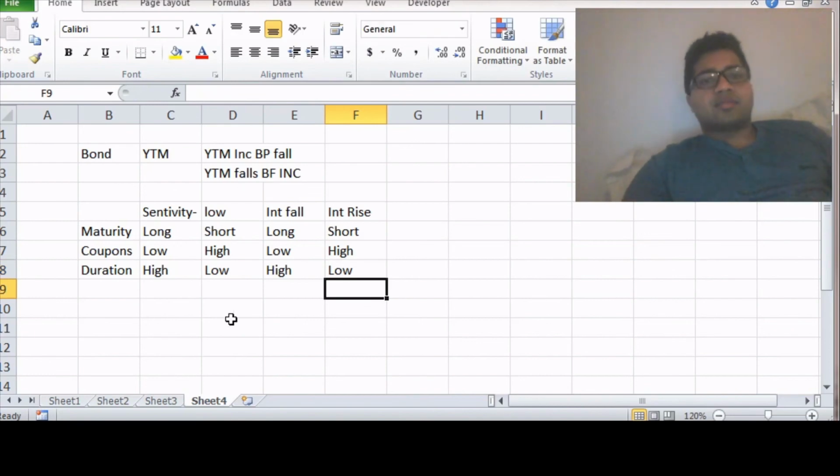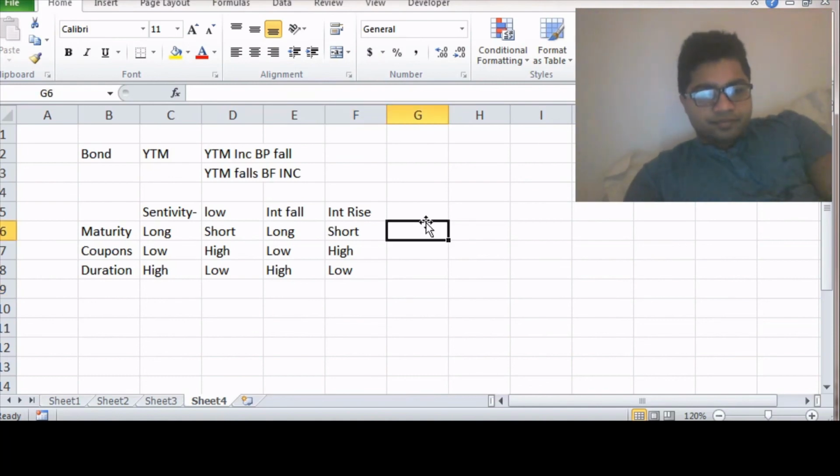So this chart is important. Do remember it. The next concept was accrued interest. It is the amount the buyer pays to the seller to compensate for the lost coupon. It is a calculation.